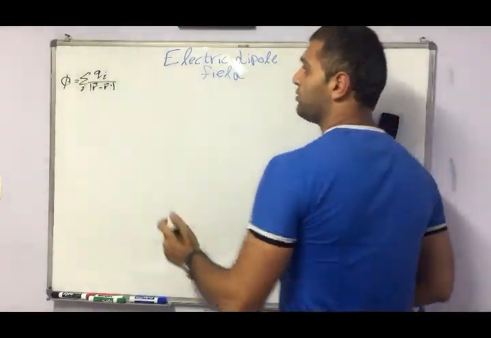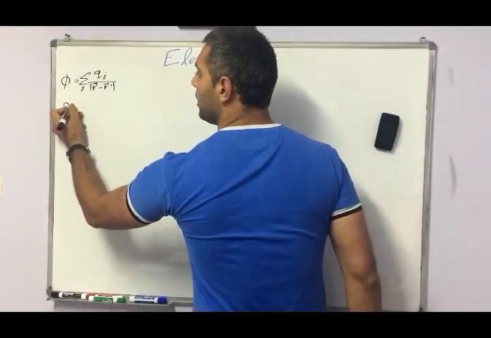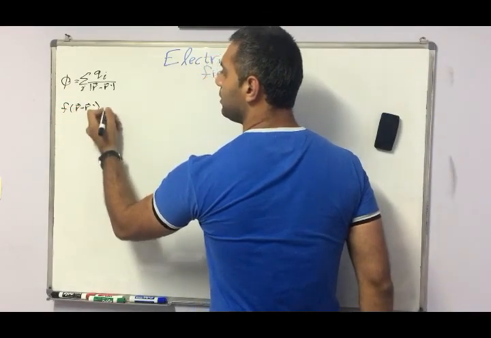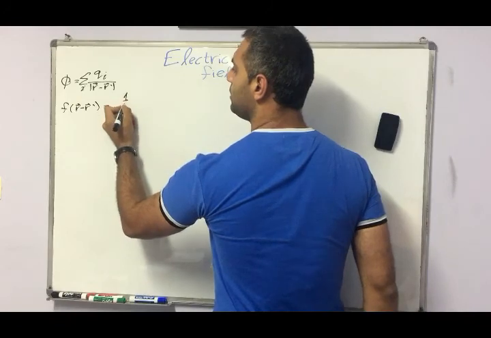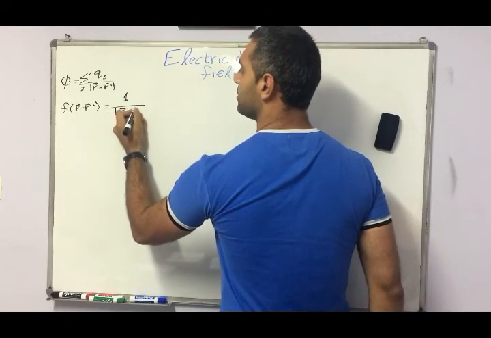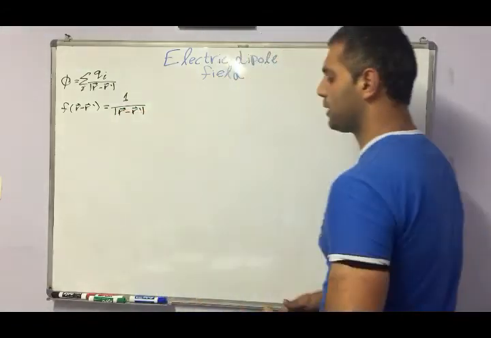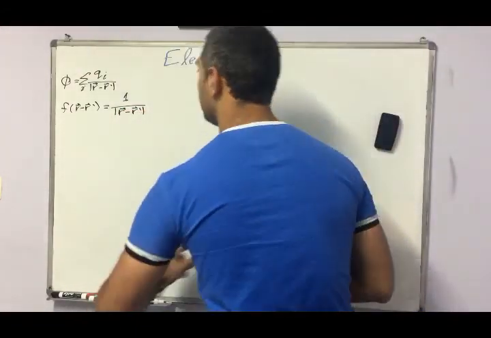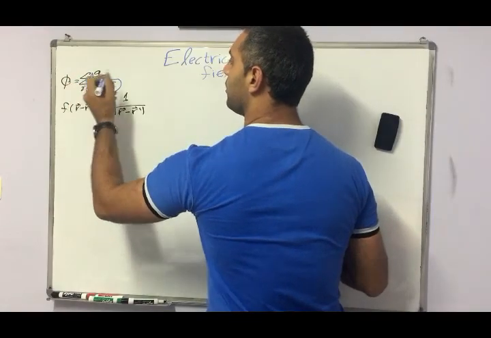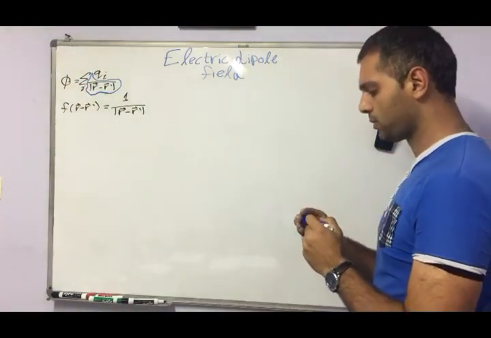Okay, I will define a function f of r minus r tag equals 1 over the distance. We can say it's merely this part from the scalar potential.